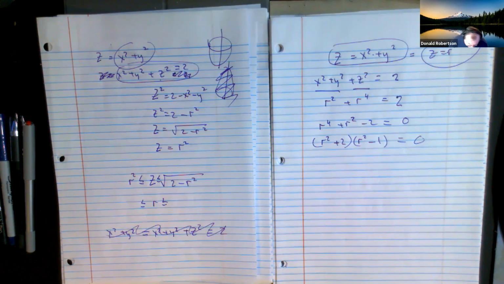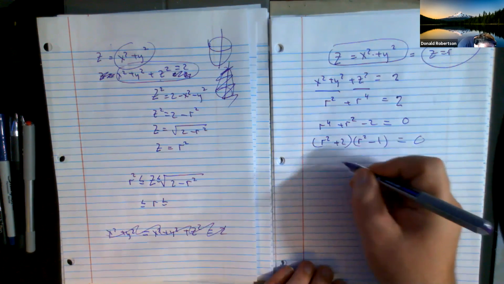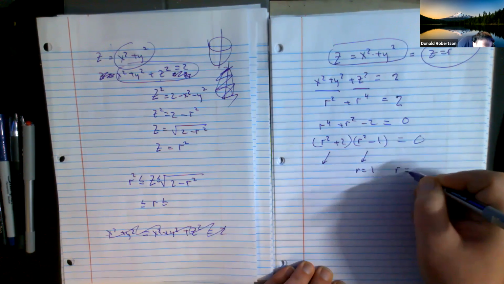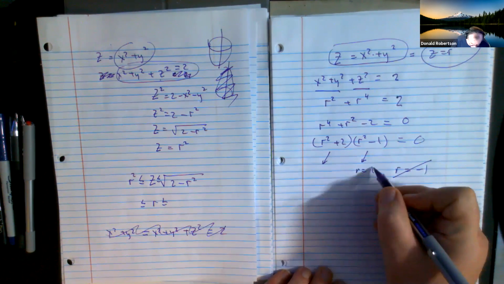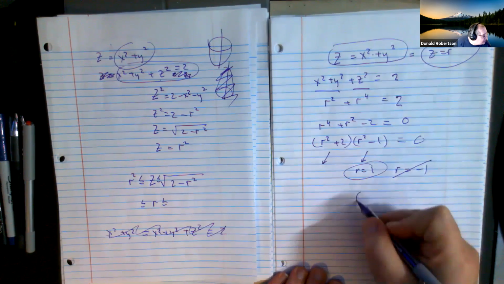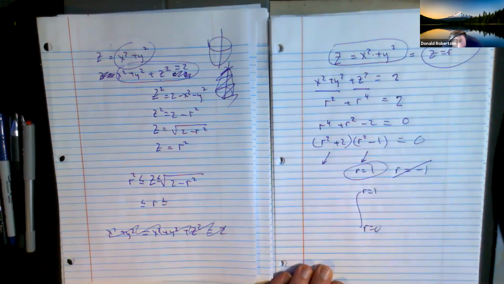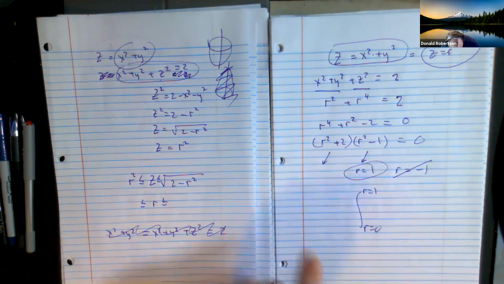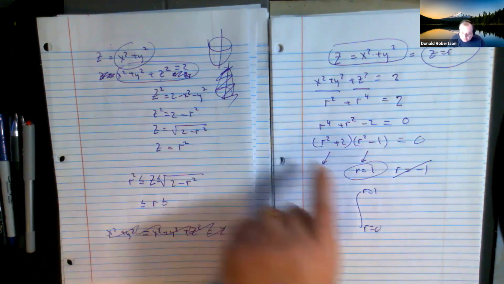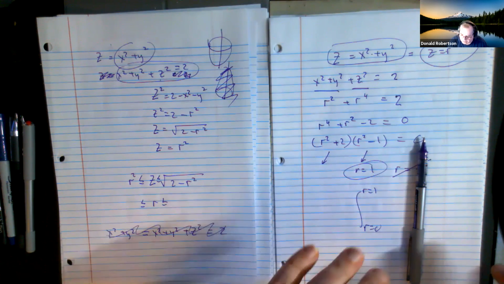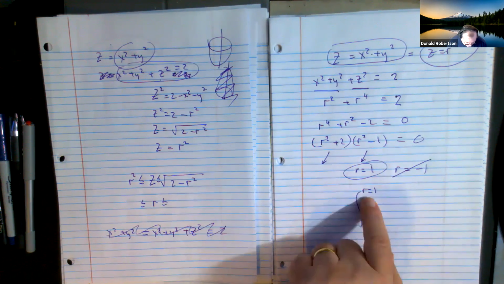Okay. And when we solve, you get no solutions here. And here you get 2 solutions. But that one's no use, so r equals 1. And you get r equals 0 to r equals 1, which you could probably have figured out. When the two things intersect with each other, they make a circle, at least when you look at it from above, and it happens to be a circle with an r value of 1.